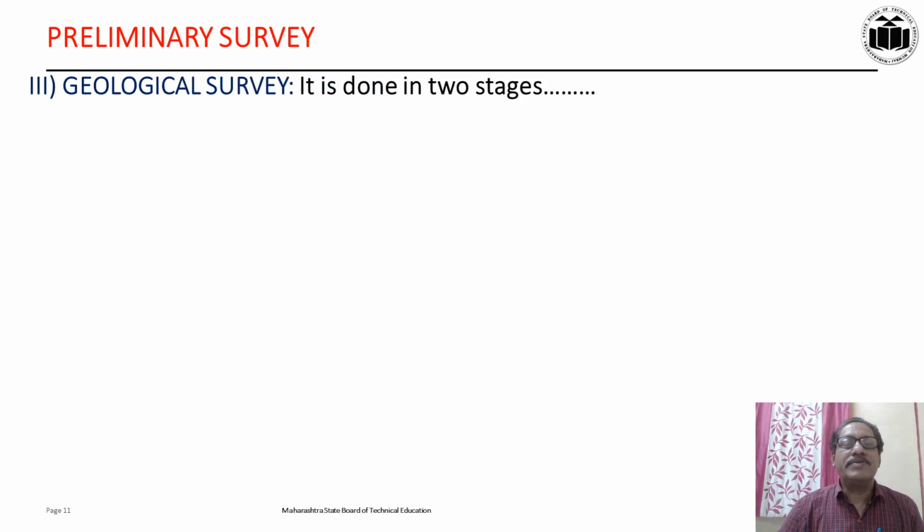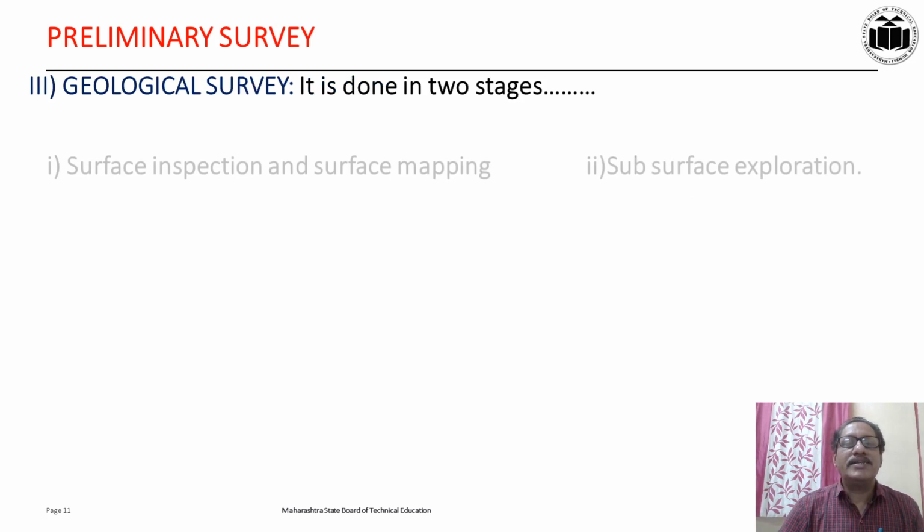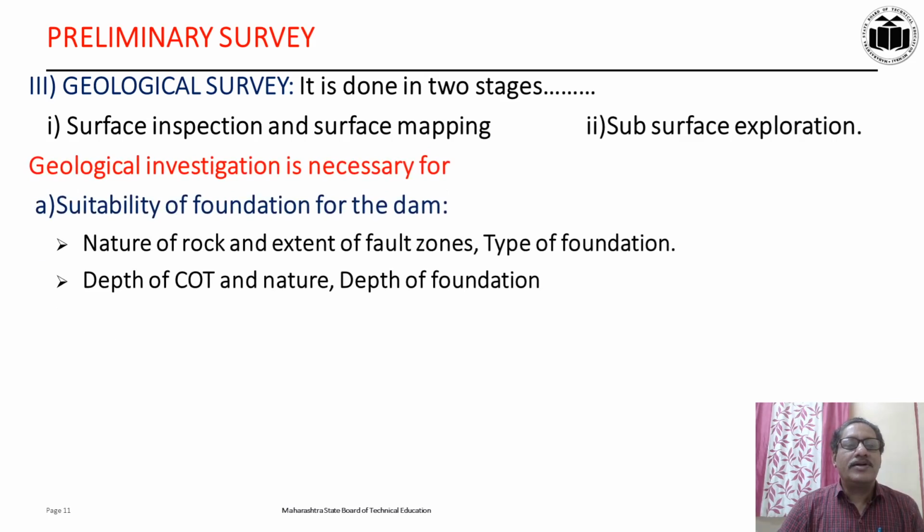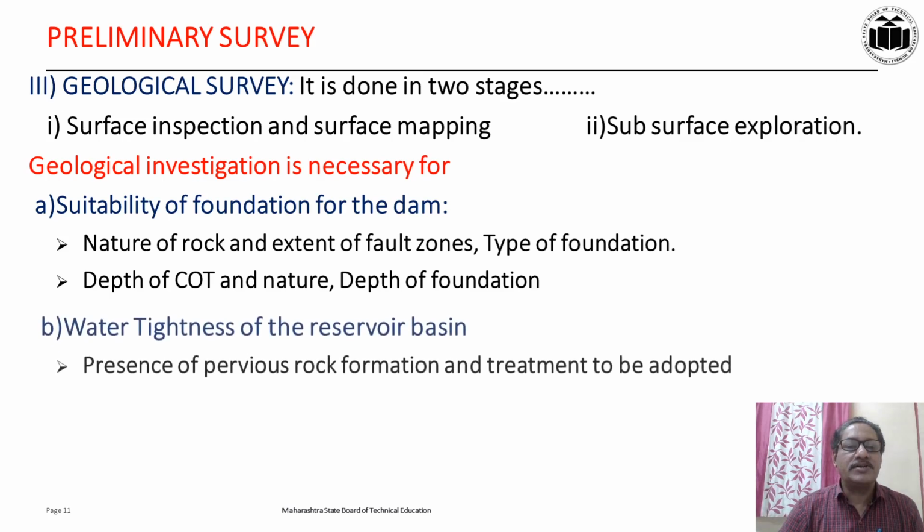The geological survey is carried out in two stages. The first one, surface inspection and surface mapping, and the second one, subsurface exploration. Geological investigation is necessary for the suitability of foundation for the dam, that is, to understand the nature of rock and extent of fault zones, the type of foundation, depth of cut-off trench (COT) and its nature, and depth of foundation.